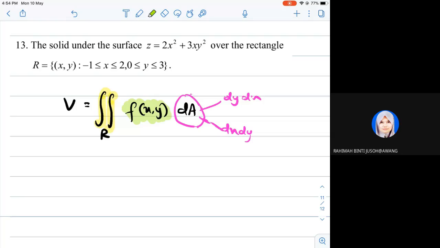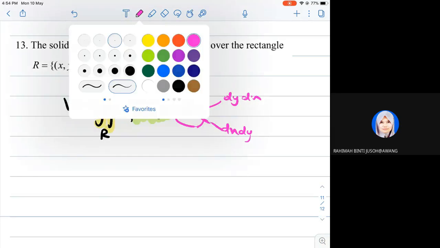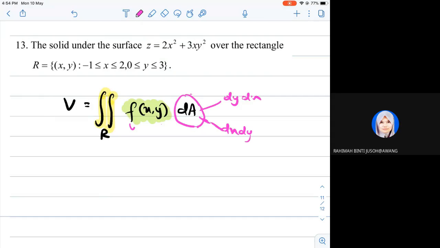Now, f(x,y) ni pula dia adalah equivalent to z. So dalam kes kita ni, inilah kita punya f(x,y). So z tu duduk kat tengah-tengah.